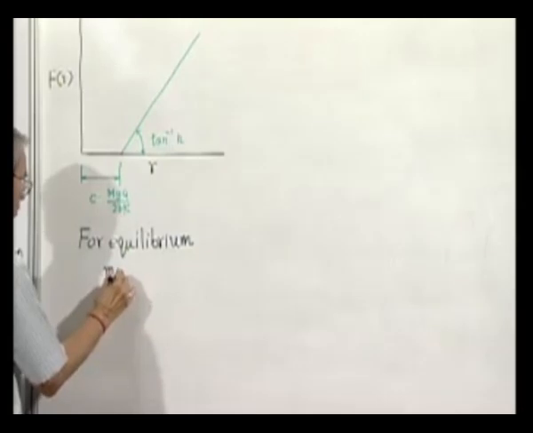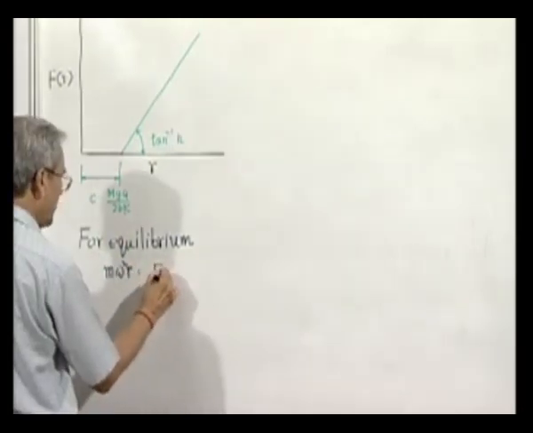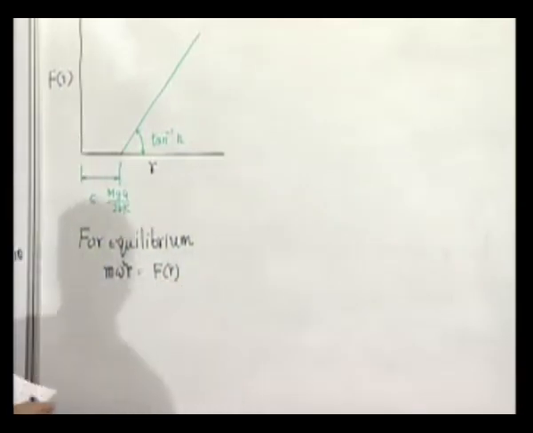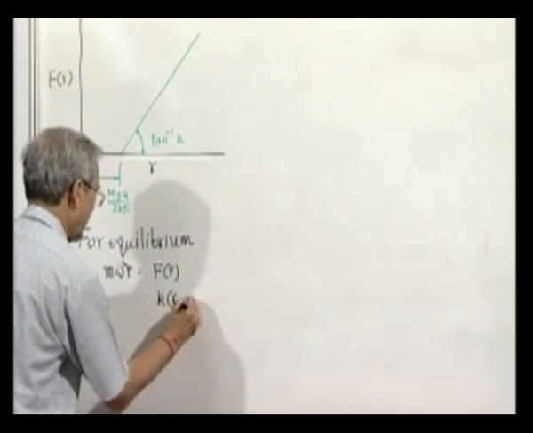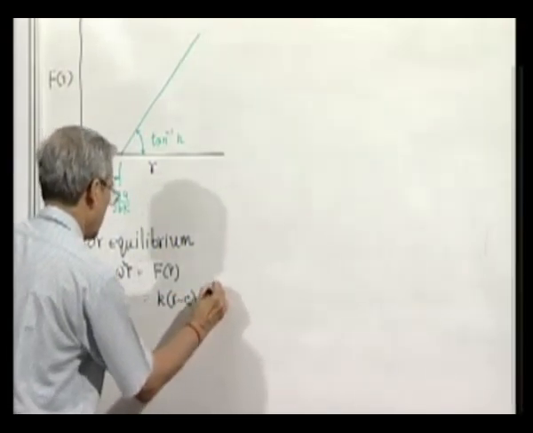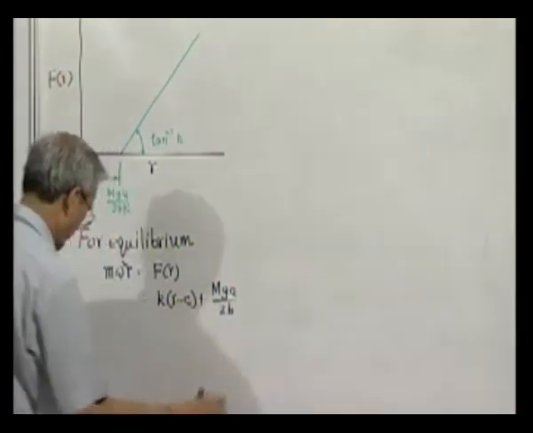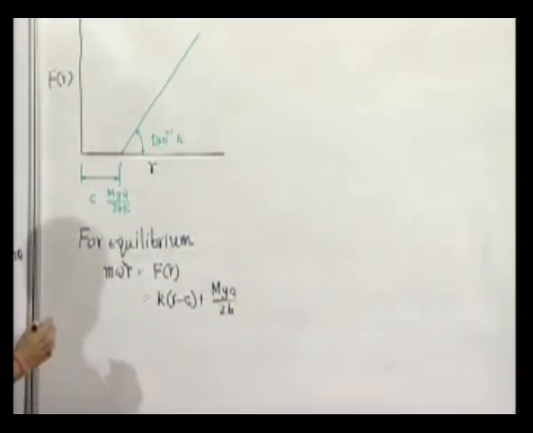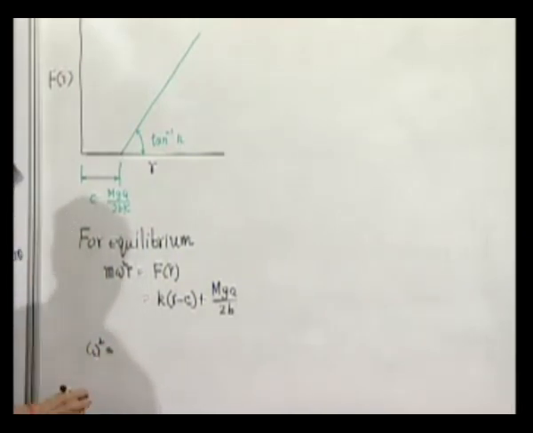m omega square R has to be equal to Fr, or this is equal to K into R minus C plus... and this gives us the equilibrium speed and R relationship.